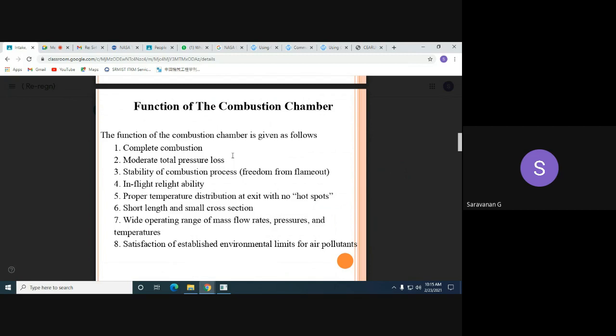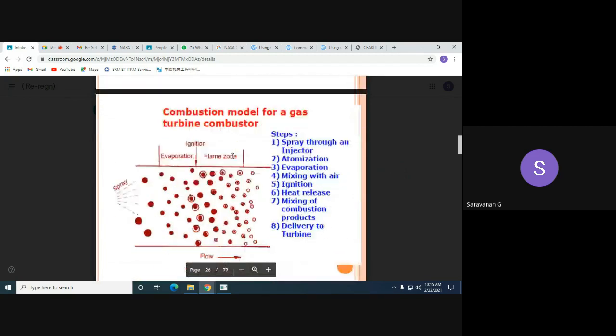That is the next function of the combustion chamber. As I mentioned earlier, combustion starts with initiation, propagation and termination. Initiation means first you spray the fuel in the form of fuel droplets. We use injectors or atomizers to break the major droplets into small droplets.